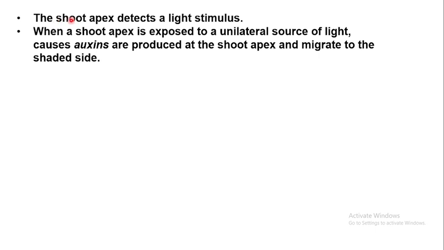The apex has the ability to detect the light stimulus because shoot apex, or shoots in general, have special cells which are photosensitive. They are very sensitive to light. Therefore, when the light falls on them, they are going to detect that light.